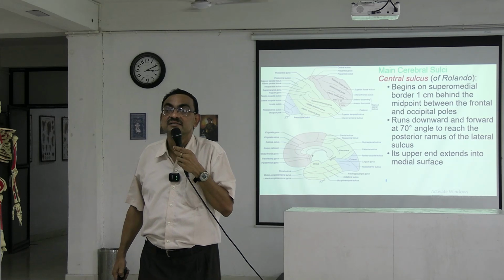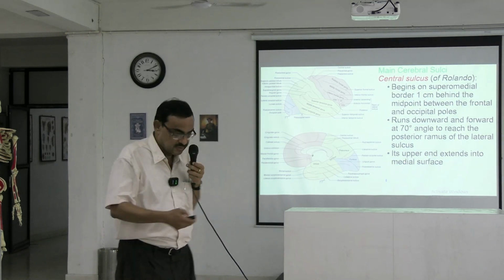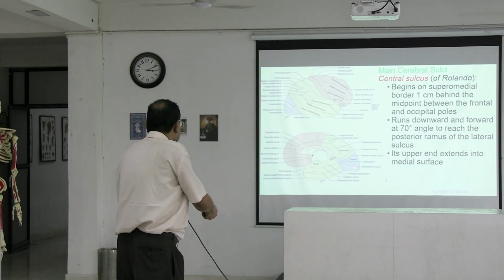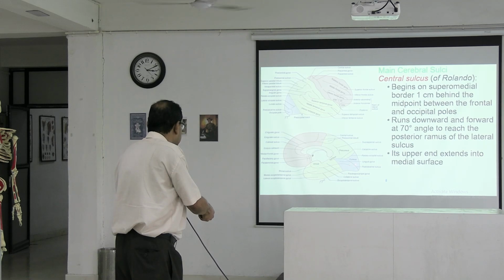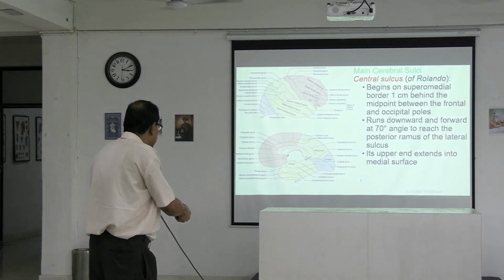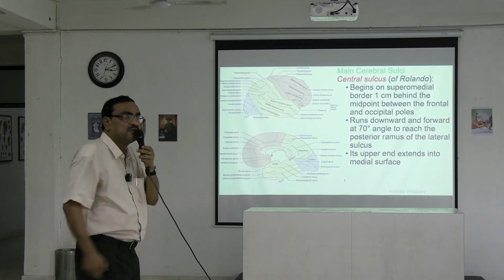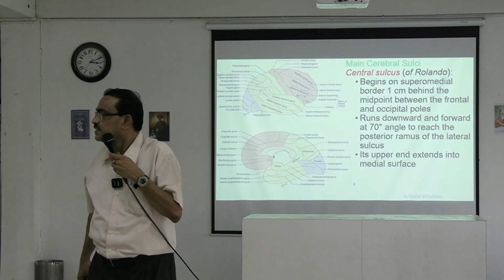Area 17, primary visual area, is located around the axis of this sulcus. Then area 18 is located to the periphery of it. Then area 19 is located most peripherally. So area 17, 18, 19.